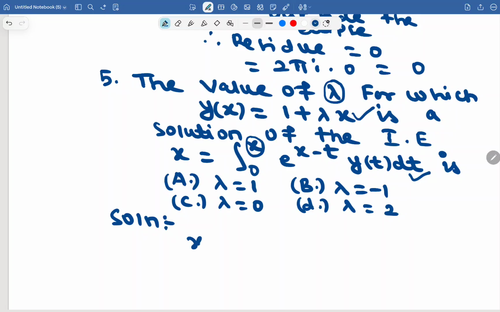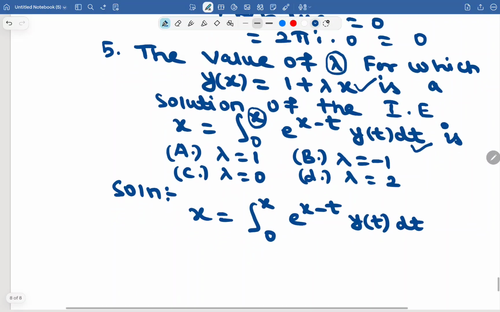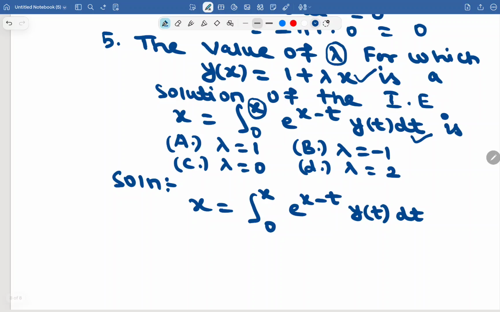What is given? x, which is equivalent to integral 0 to x e power x minus t y of t dt. I am going to apply DUIS.